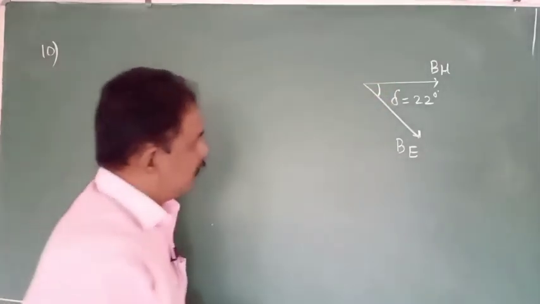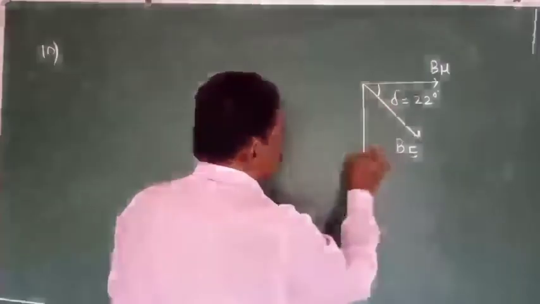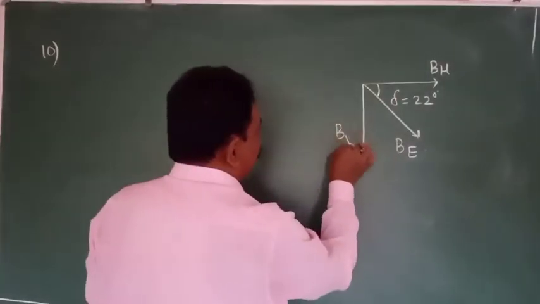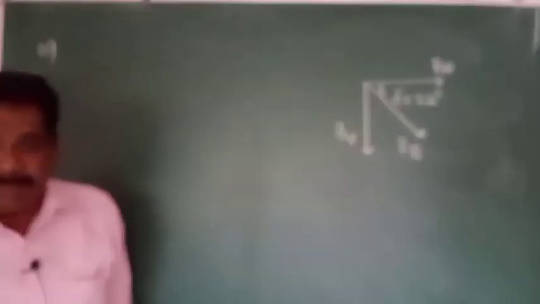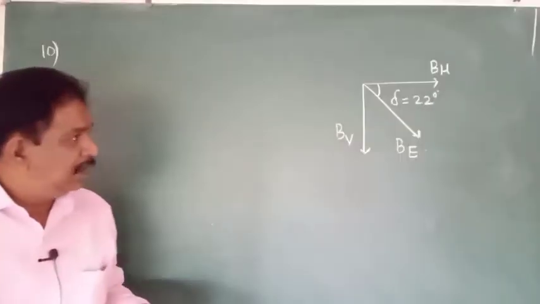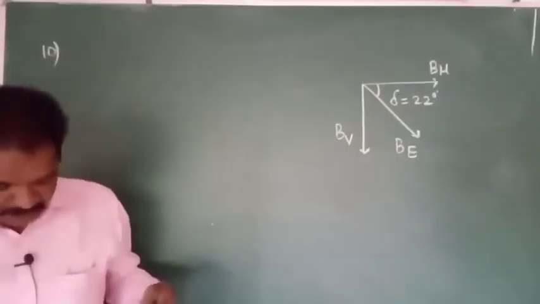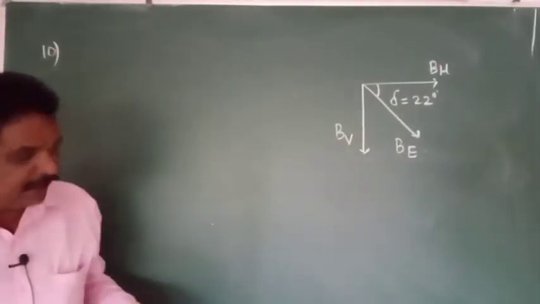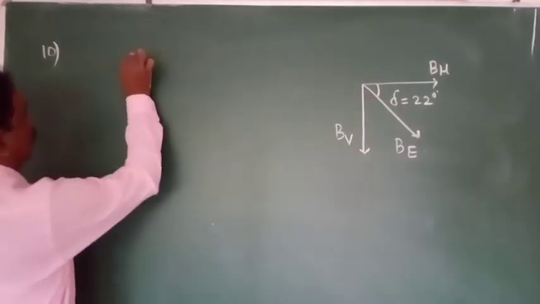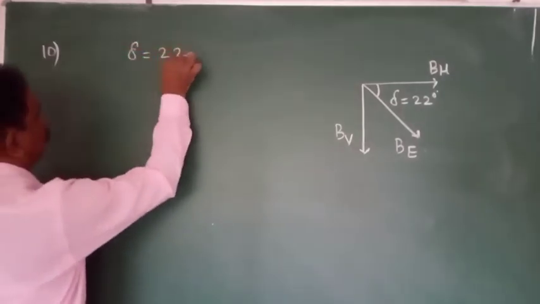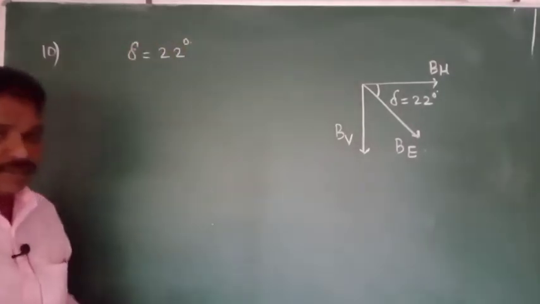Its component along horizontal is BH, along vertical it will be BV. So here the values they gave: the magnetic dip value delta they gave 22 degrees.